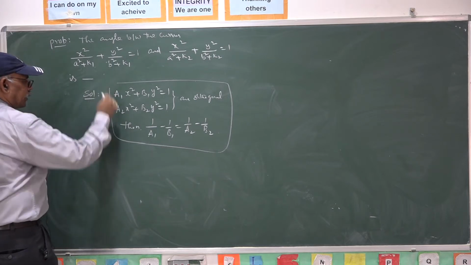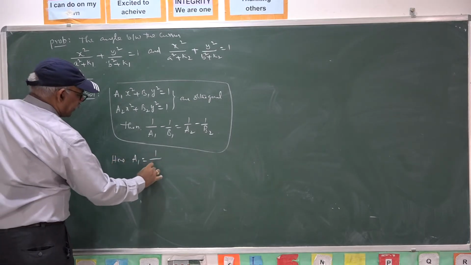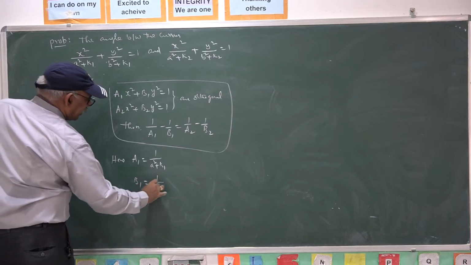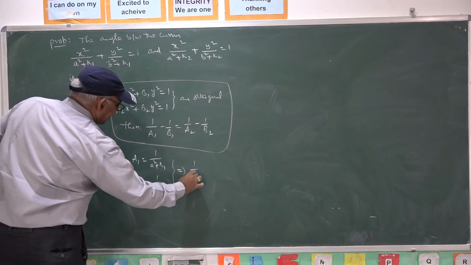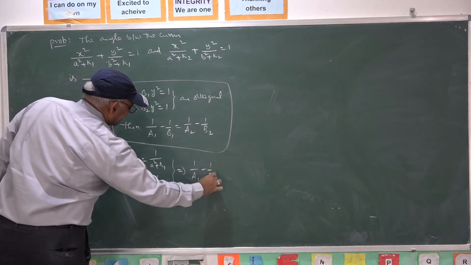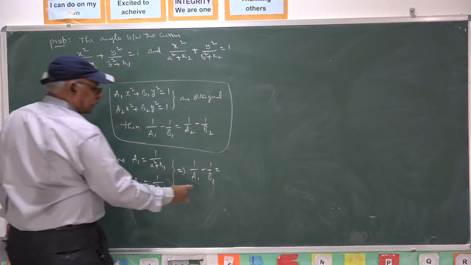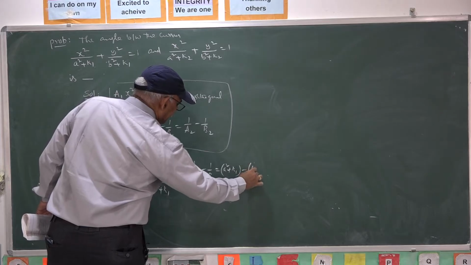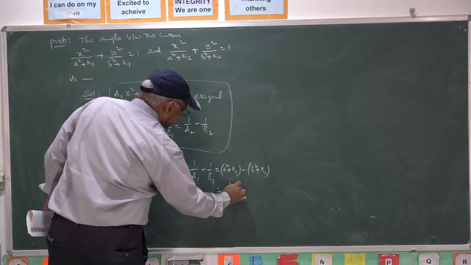So here, comparing the curves, a1 is 1 by (a square plus k1), b1 is 1 by (b square plus k1). That implies 1 by a1 minus 1 by b1 takes the value: 1 by a1 means a square plus k1, 1 by b1 means b square plus k1. So k1 cancels.